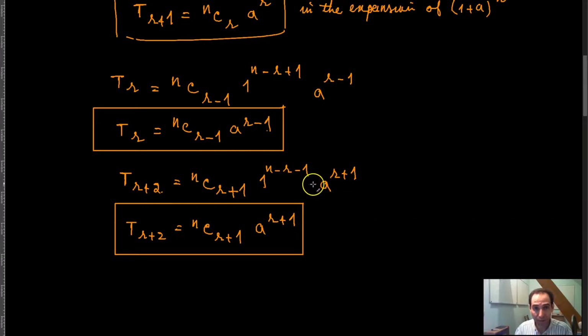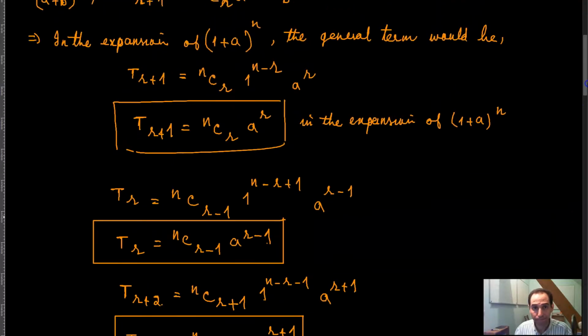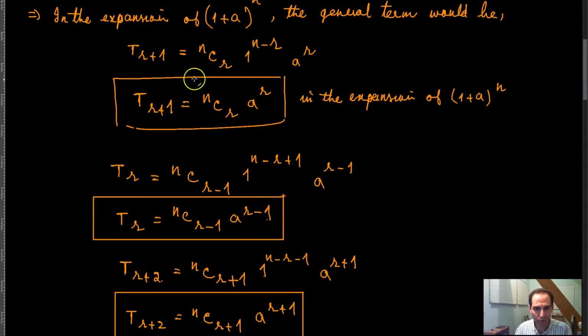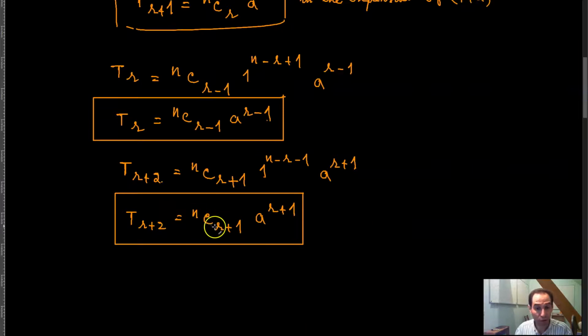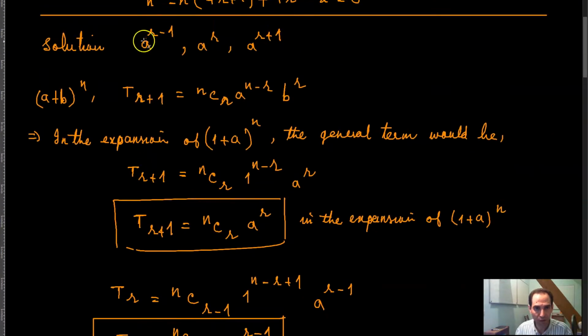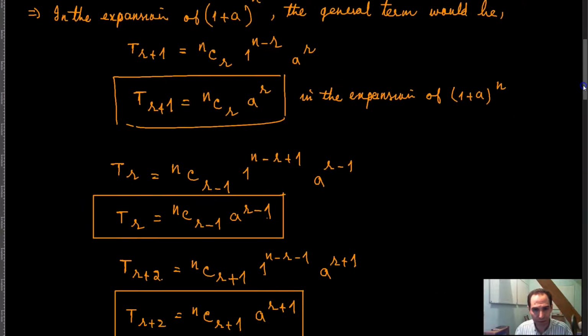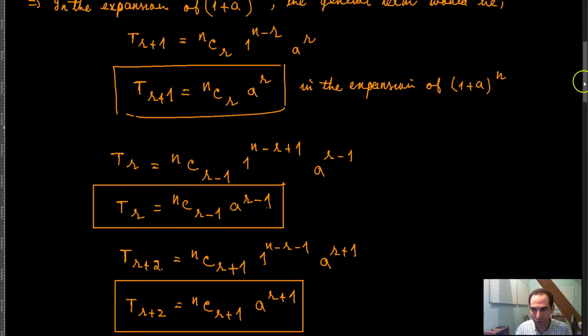So you can see that the coefficient over here is n combination r, the coefficient here is n combination r minus 1, and the coefficient over here is n combination r plus 1. And we said that the coefficients of the three terms in the same order are in arithmetic progression. The coefficient of a raised to the power r minus 1 is this coefficient here.